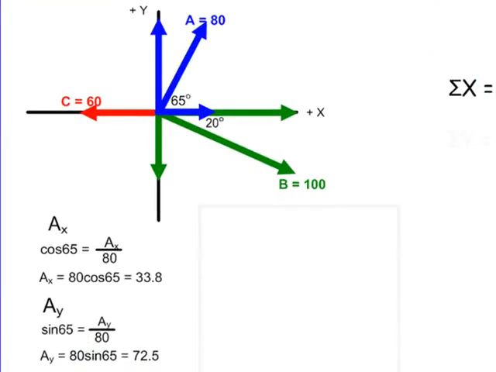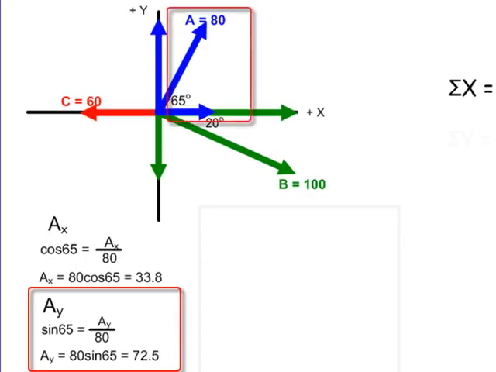And if you look at the y component of vector A, A sub y, you'll see that that is defined: sine 65 is equal to the opposite leg over the hypotenuse. The opposite leg is the y component of vector A. So solving for that, you get A sub y is equal to 80 sine 65, 72.5.